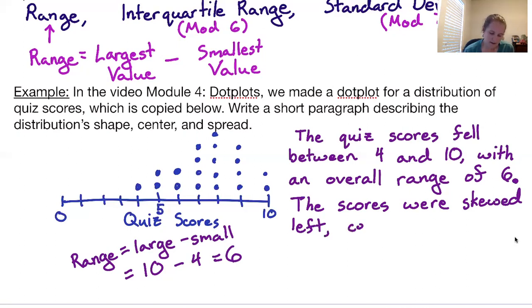And then it's centered around, this we're going to eyeball at this point. It looks like they're kind of centered around that 8, possibly around the 7, right? So around 7 or 8.